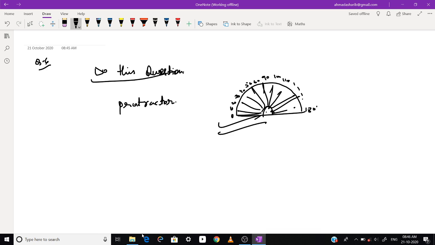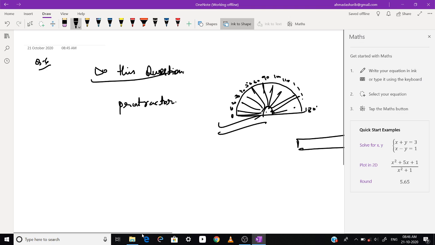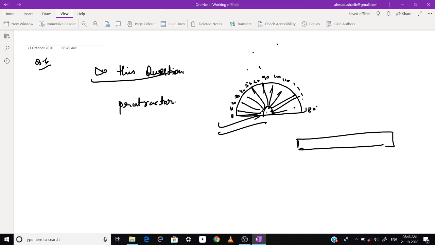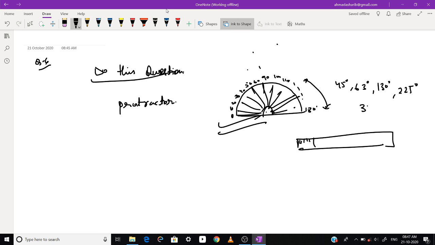You have to use this and your measuring scale, right now I don't have the scale, to make 45 degree, 63 degree, 130 degree, 225 degree, and 315 degree angles. Fine.